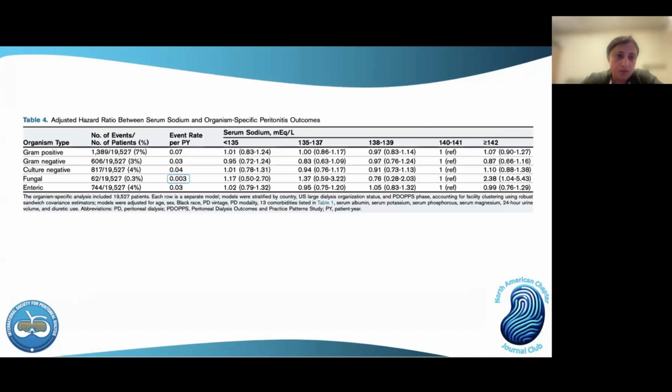When they looked at the serum sodium and organism-specific peritonitis outcome, again, there was no increase in risk of peritonitis in any of these groups, except in patients with a serum sodium of more than 142, where there is increased risk of fungal peritonitis, with a hazard ratio of 2.23, between 1.04 to 5.43. However, the event rate was really low, just 0.003 events per year.